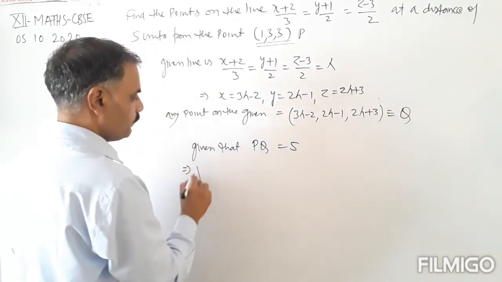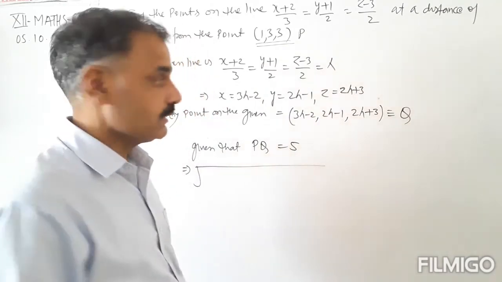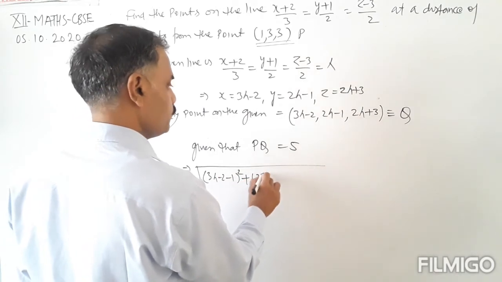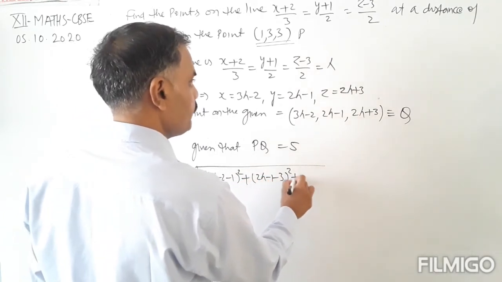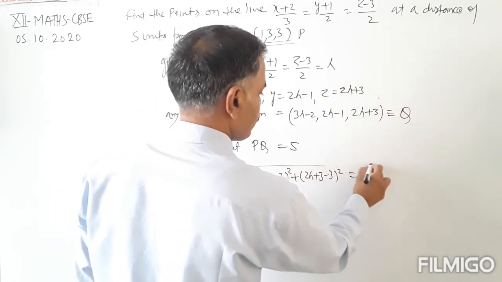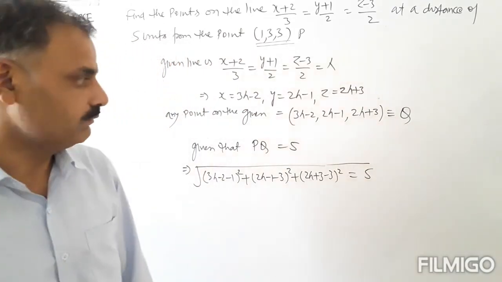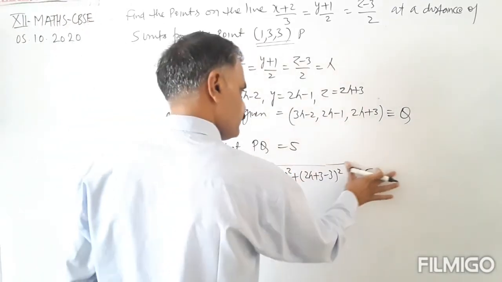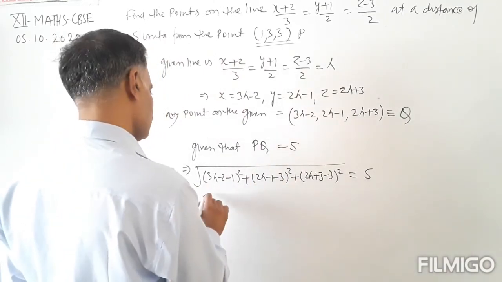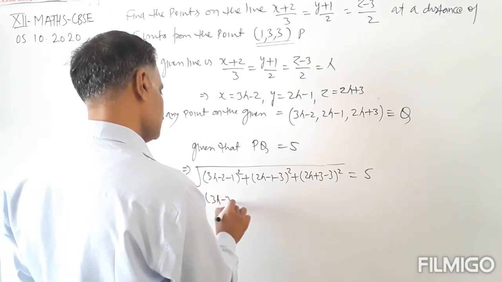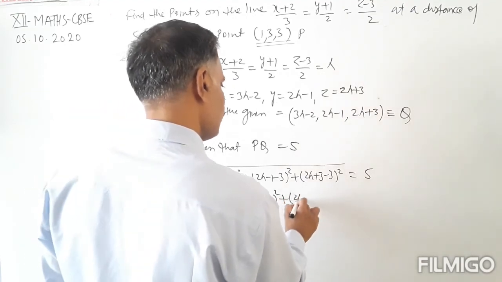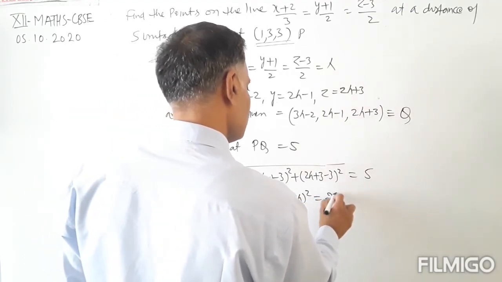So using the distance formula, square root of (3 lambda minus 2 minus 1) whole square plus (2 lambda minus 1 minus 3) whole square plus (2 lambda plus 3 minus 3) whole square is equal to 5. After removing the square root, (3 lambda minus 3) whole square plus (2 lambda minus 4) whole square plus 2 lambda square is equal to 25.